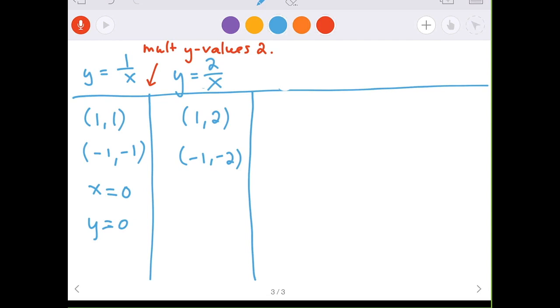Since x is equal to 0 is an x value, we're not going to do anything to this. And y is equal to 0, this is a y value, so we do actually multiply it by 2, but it doesn't change the equation of the asymptote when we multiply 0 by 2. So it turns out with this transformation, neither one of the asymptotes actually changed.